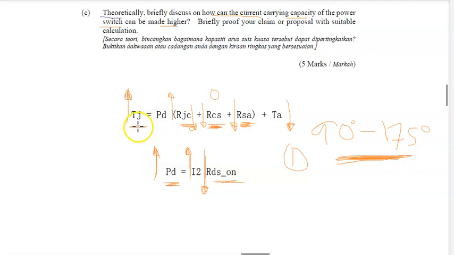You put a Tj, let's say just now it is 90, you put maybe 120, and you can calculate the amount of your I at that point, with Tj at the new value of 120 degrees C. You can see that your I has already increased. Theoretically, if you set 120, you can prove that the value of your I is no longer 40. Just now we calculated how much? 40.